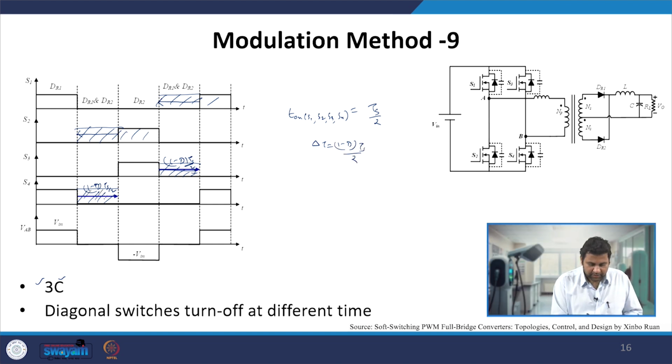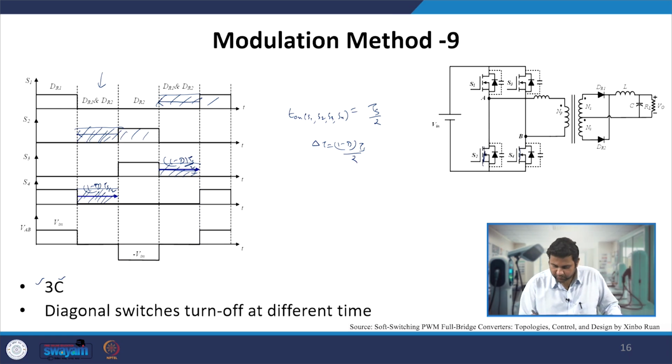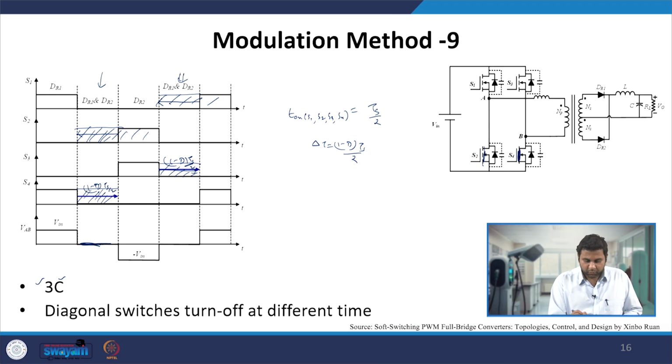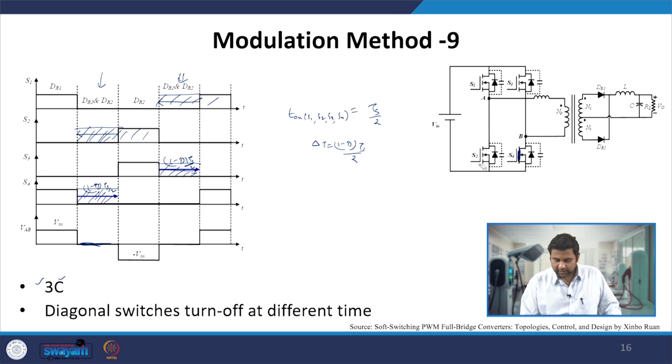during the adjustment period, if we look carefully, S2 and S4 are on, so obviously VAB is 0. And during the next time, when the turn on time of S1 is adjusted to Ts by 2 period and the turn on period of S3 is adjusted to Ts by 2 period, S1 and S3 are on, and during this period VAB is still 0.